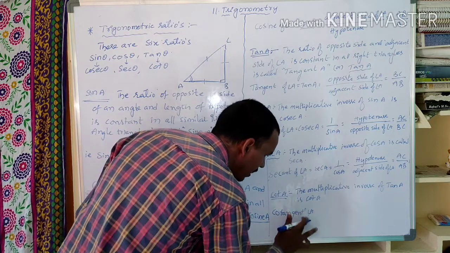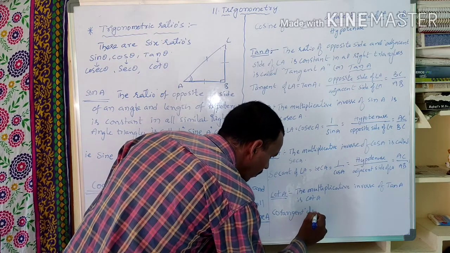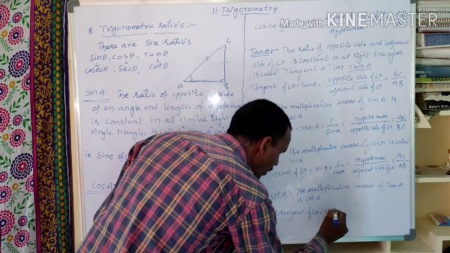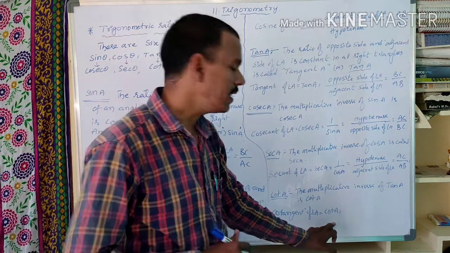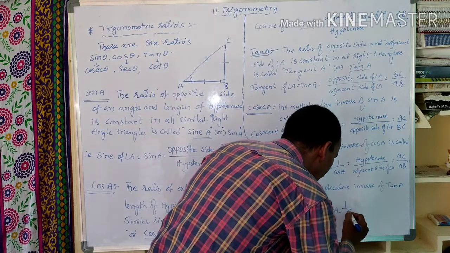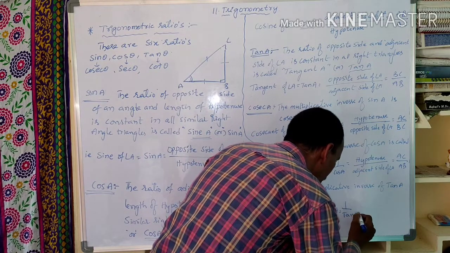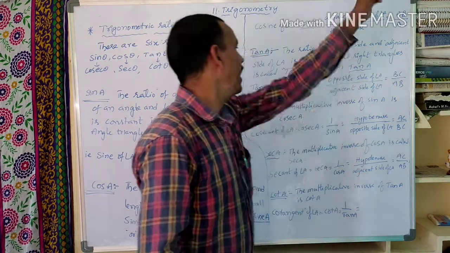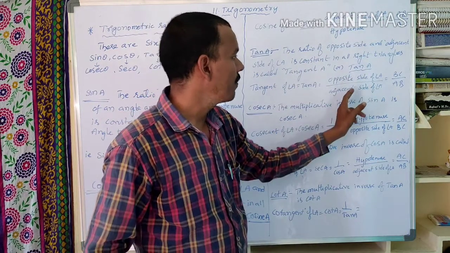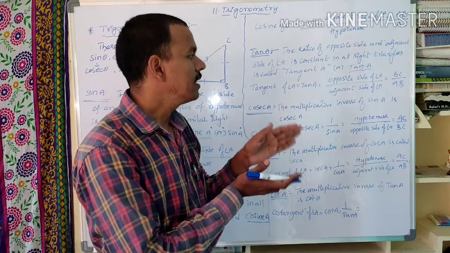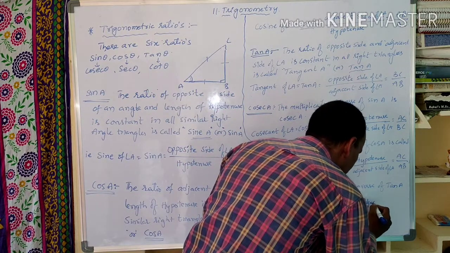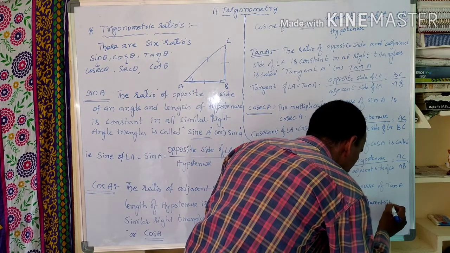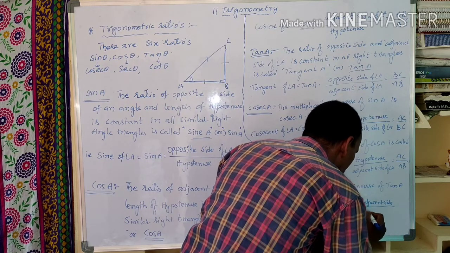Cotangent of angle A is equal to cot A. But cot A is equal to 1 by tan A, the multiplicative inverse of tan A. What we know is tan A is the opposite side of angle A by the adjacent side of angle A. Its reverse is the adjacent side by the opposite side.